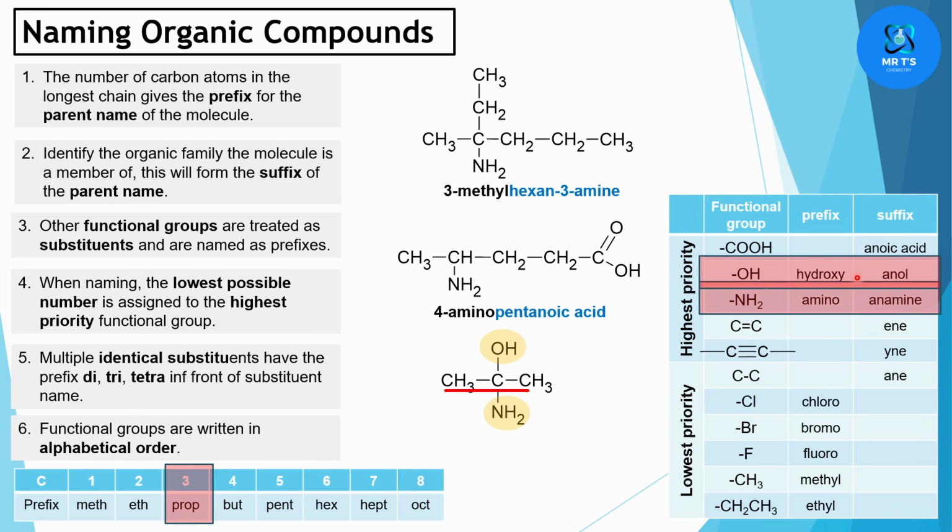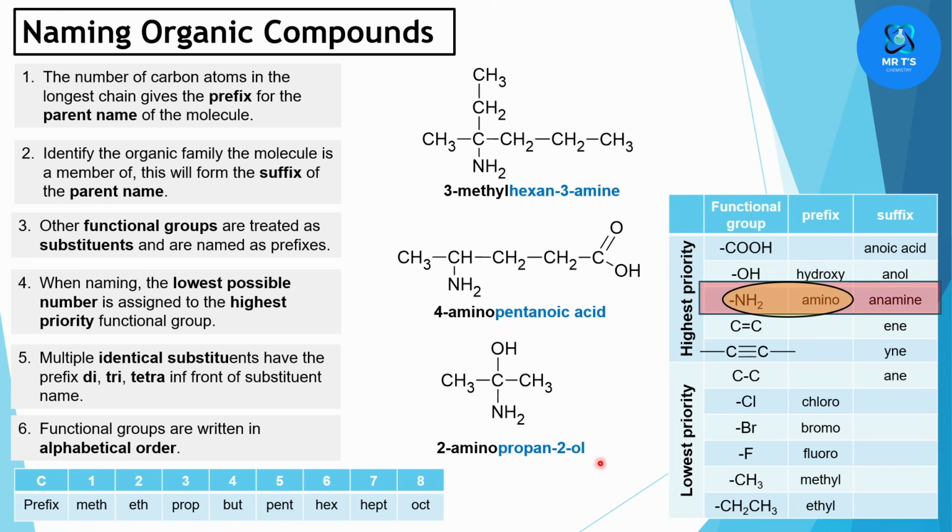So we have a hydroxy and an amino, but the hydroxy, or the alcohol, is a higher priority, so the parent name will have the suffix -ol here. So we are going to number this 1, 2, and this is going to be called propan-2-ol, and then we are going to give the functional group of the amine, which is 2-amino, 2-amino propan-2-ol.